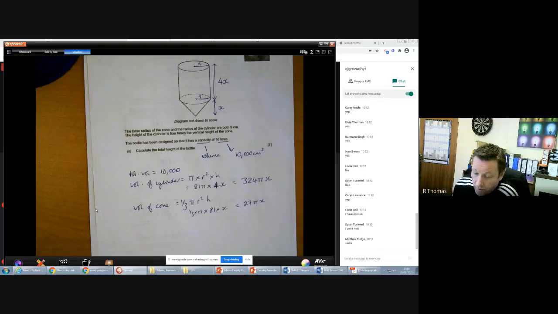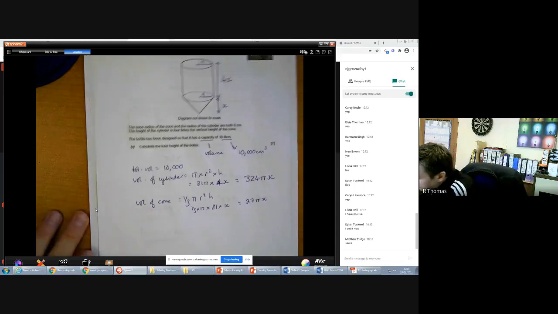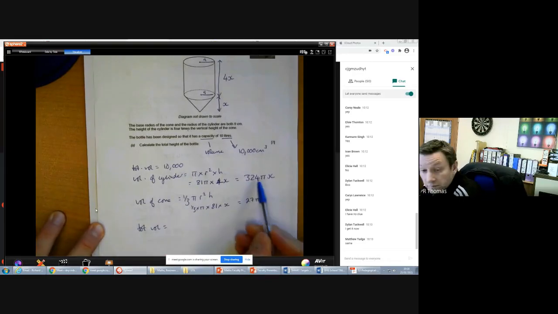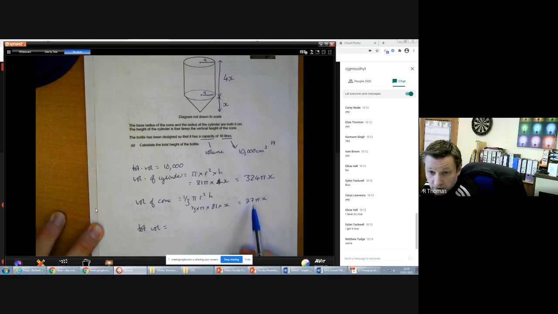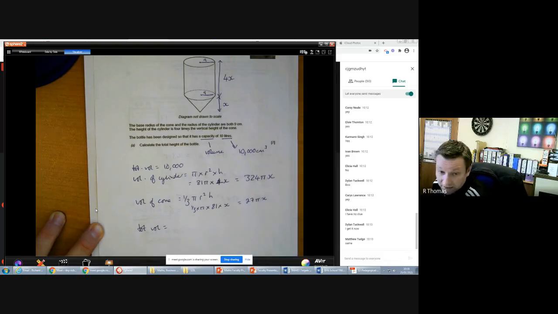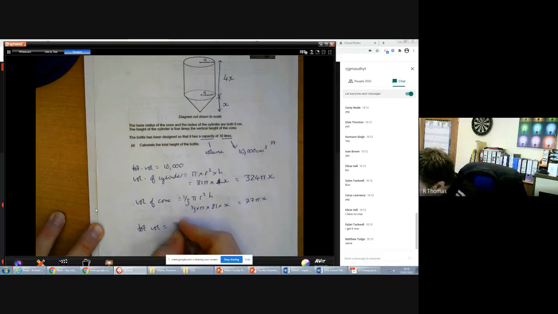So the total volume is this plus this. So I've got 324 pi x plus 27 pi x. So I can just add them up, which gives me 351 pi x. And they've told us in the question that that equals 10 litres.